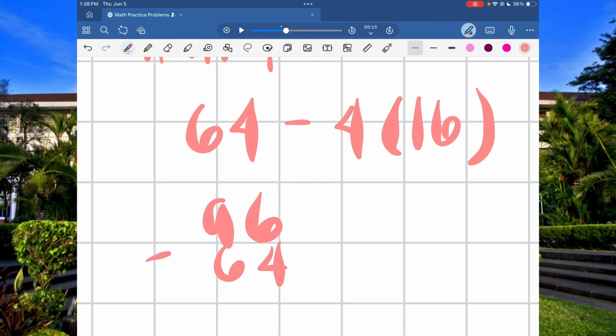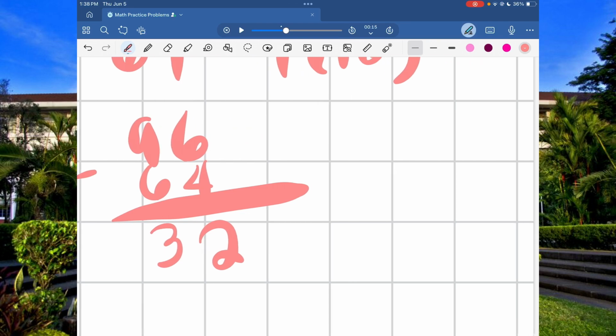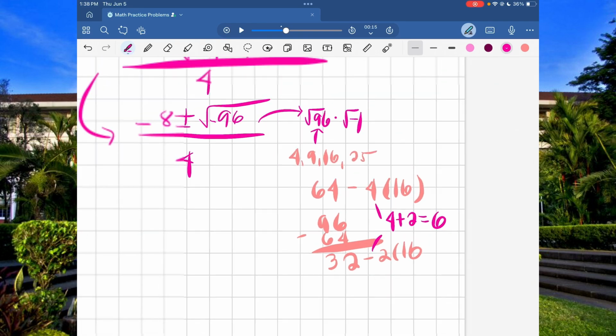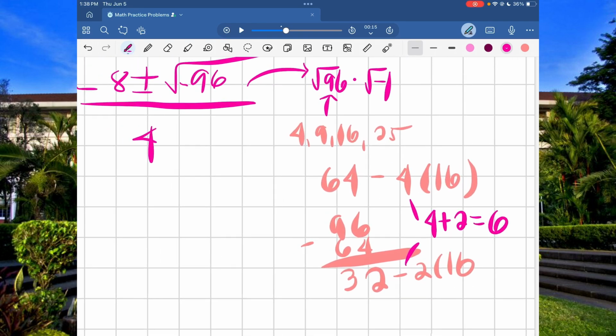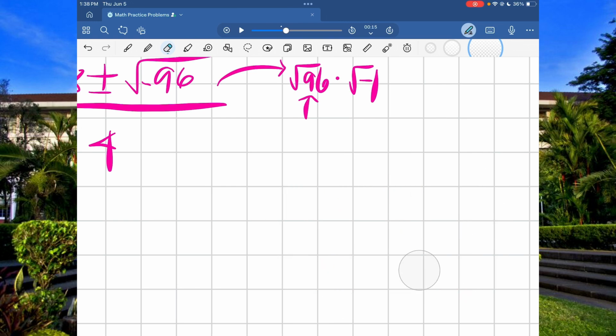So we're going to try 96 minus 64. This is 32, and in 32 we have 2 sixteens. So 4 plus 2 is equal to 6. Therefore 96 is 6 times 16.